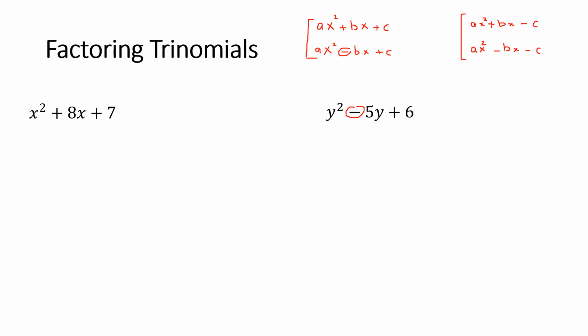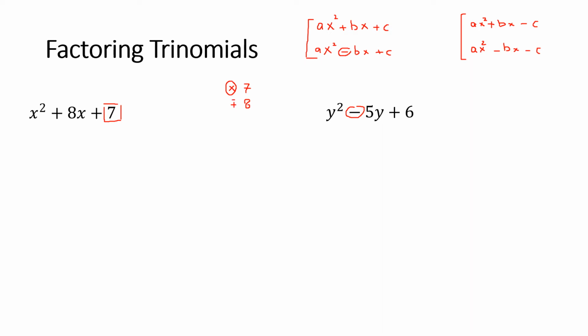Well, to start them we need 2 numbers. First number, we need 2 numbers which we multiply and we get 7. We multiply those 2 numbers and get 7, and we add them.